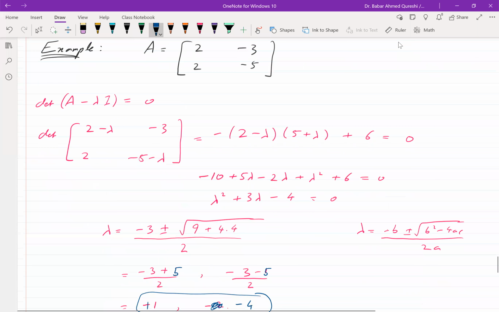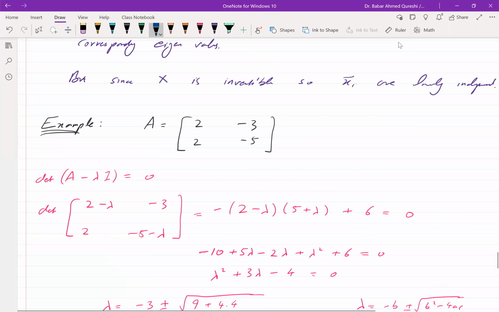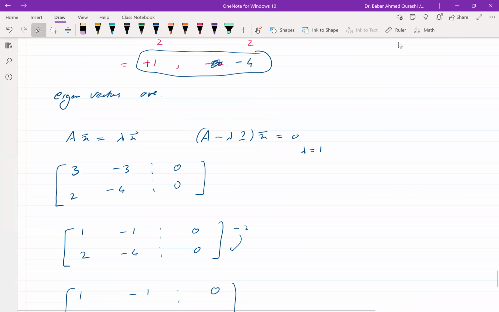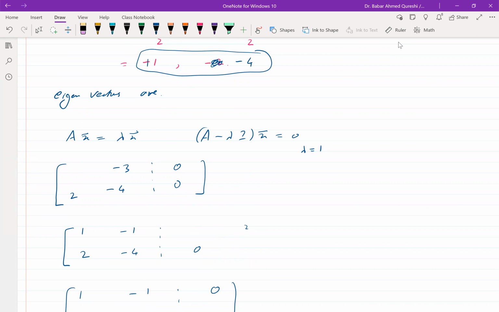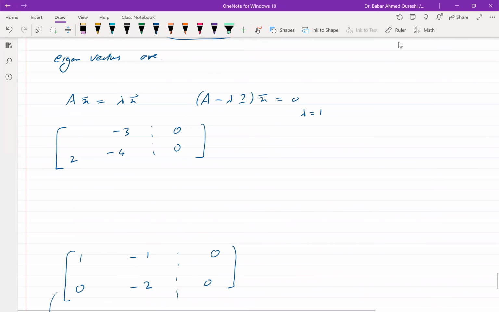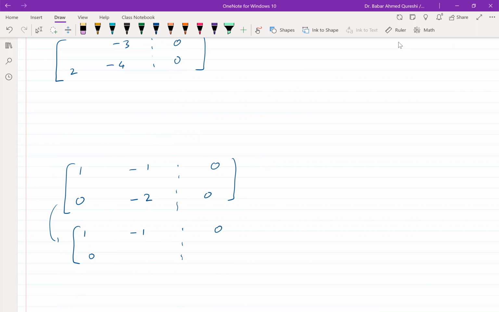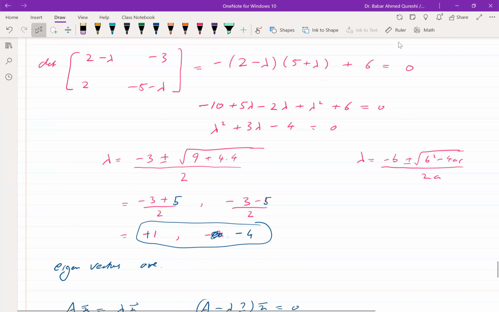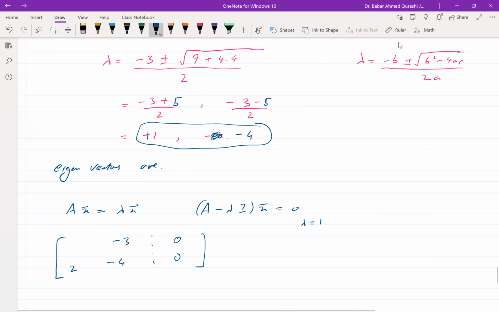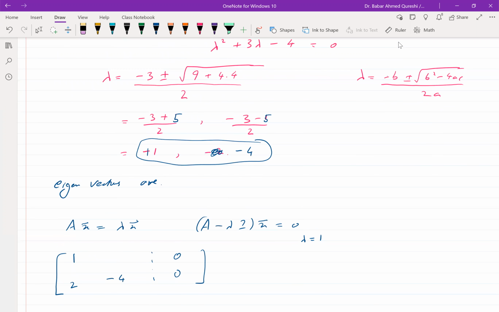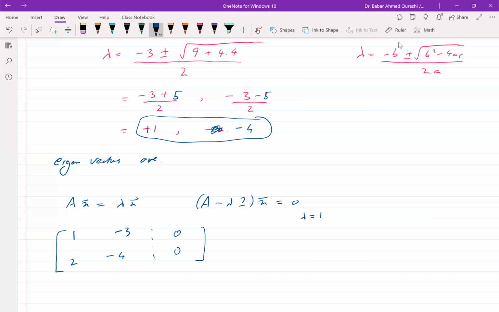So my matrix becomes 2 minus 1, which gives me a 1 here. And then this is just minus 3, 2.